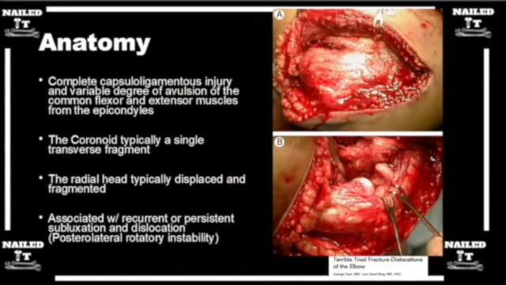The elbow is a completely different joint from others in the body that we do in trauma. That's why the anatomy is so important here. When you see an X-ray and you suspect a terrible triad injury, you can't just look at the bone, you can't look at the fractures.